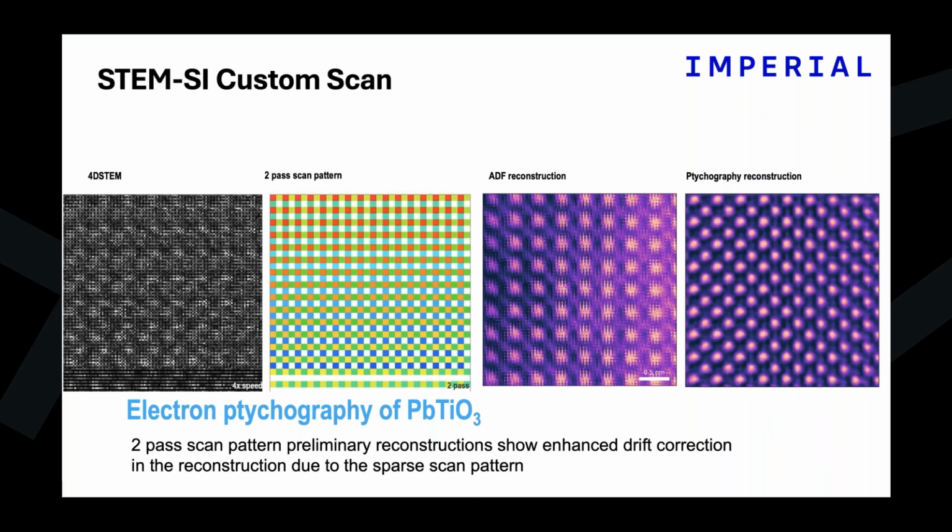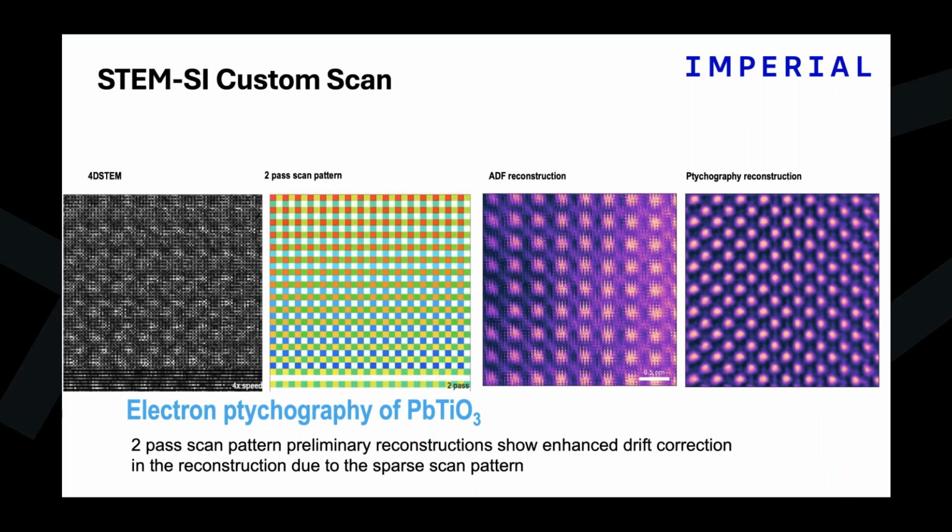Okay, yeah. So we can see that using a different pattern, in this case n sequential, we get these probe settling artifacts in our ADF images, both the parallel one acquired with EELS and the virtual imaging. But with ptychography, we can see that we can sort of fix these artifacts.